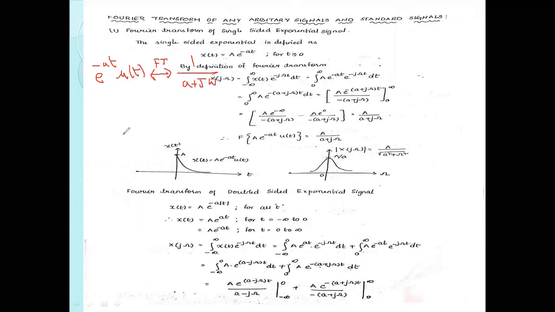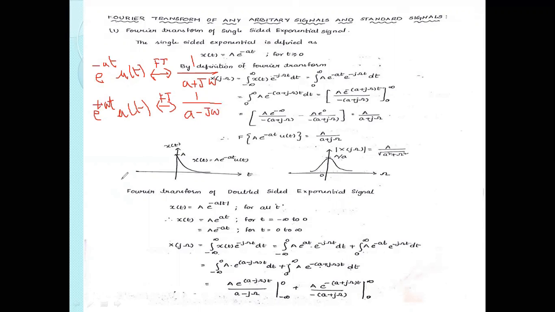And the same, e power plus at u of t: exponentially rising and exponentially decaying. E power minus at is a decaying function, e power plus at is a rising function. Its transform is 1 by a minus j omega.